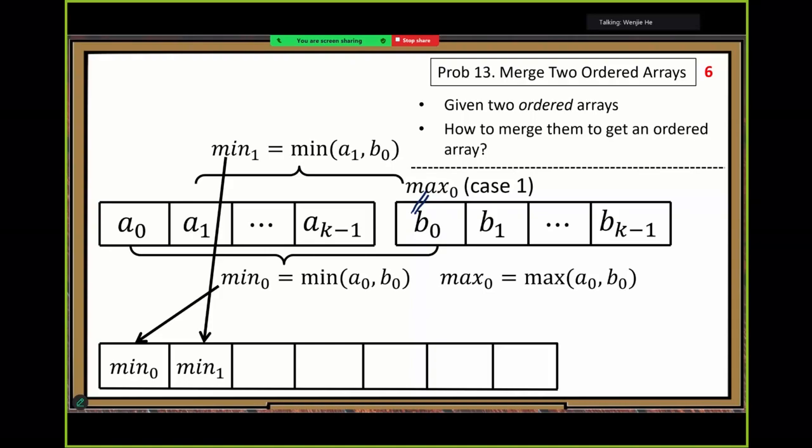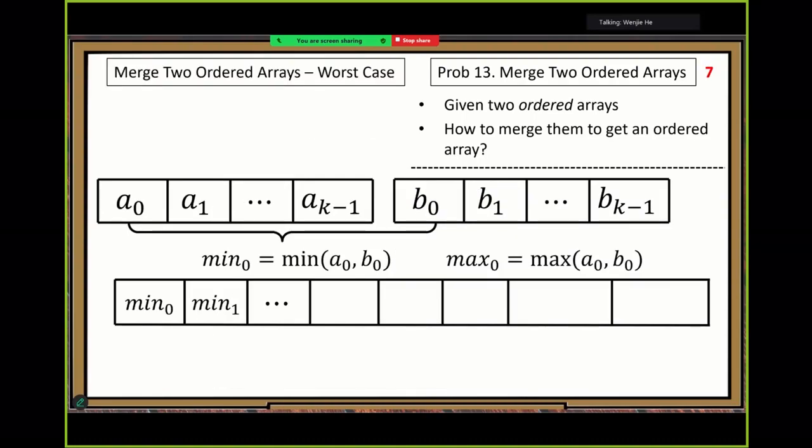So you use the local maximum as one of the two candidates for the next comparison. The other one is the first element in the other subarray. So every time you have two candidates for the next element in place. Now you keep doing this, one element in place at a time.